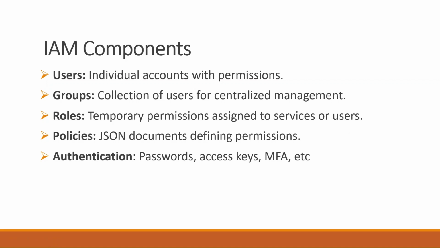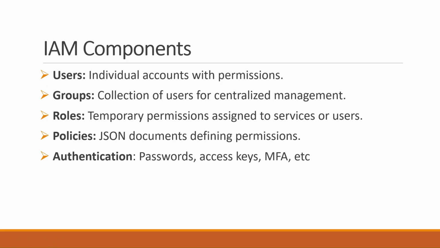When it comes to policies, a policy is a JSON document defining permissions. Policies are rules written in JSON format that define what actions are allowed or denied for users, groups, or roles.